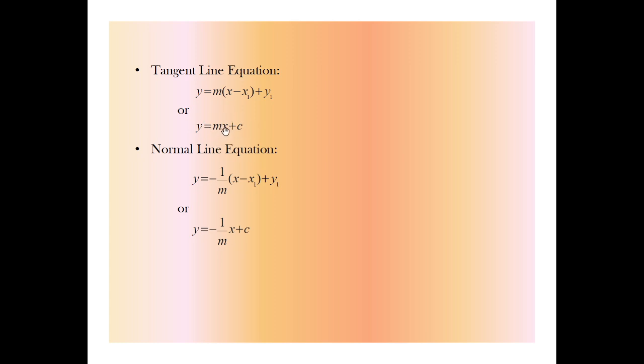Because the tangent line equation or normal line, we usually transform it into the form y equal to mx plus c. Just now I already explained the relation between the gradients. If the gradient of the tangent line is m, then the gradient of the normal line is negative 1/m. This is the gradient value, because of the relation M1 multiplied by M2 equals negative 1.